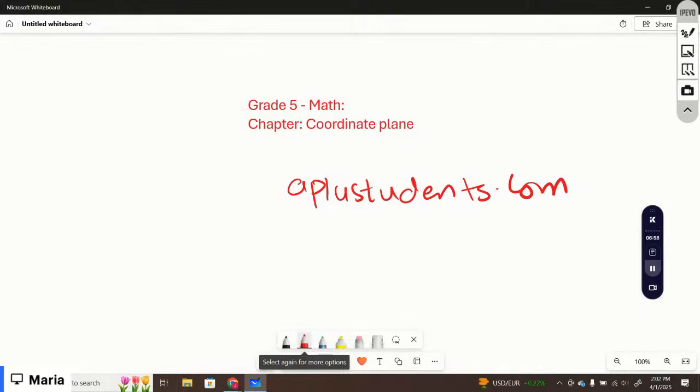You have to select math from the subject tab, scroll down to grade 5 math, and then click on view all lessons. There you can find a list of the chapters. We're going to start with the chapter coordinate plane.